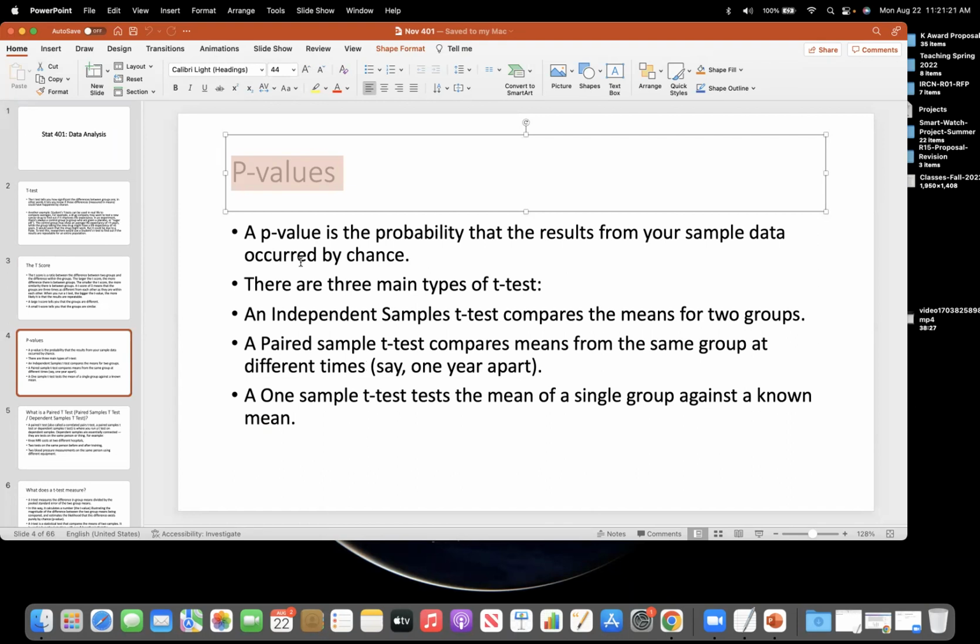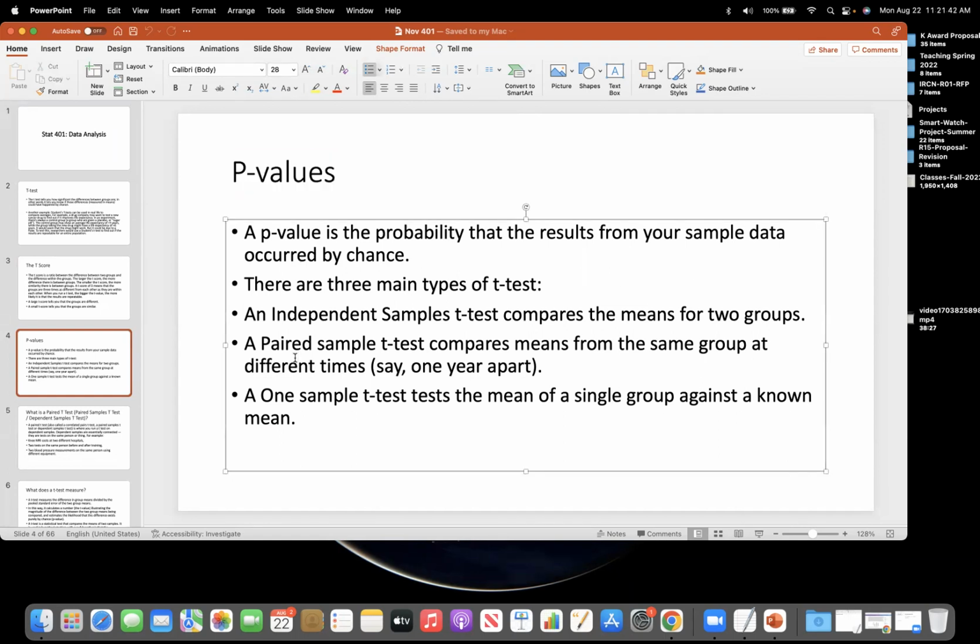Most research articles say that if the p-value is less than 0.05, then the two groups are significantly different. But if the p-value is more than 0.05, then you say that the two groups are not significantly different. But then what is this p-value?